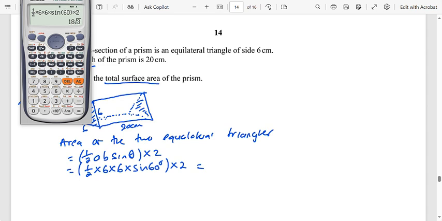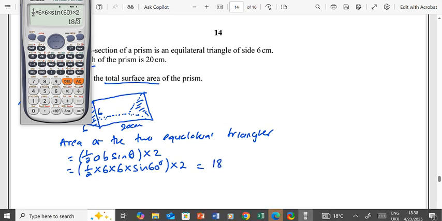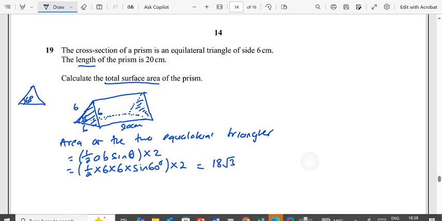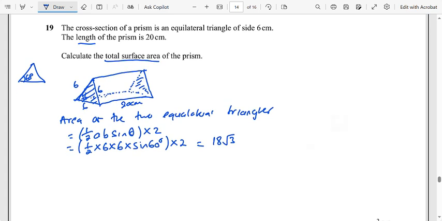We are given this answer as exact, so we can maintain the exact form. So that's 18 root 3.